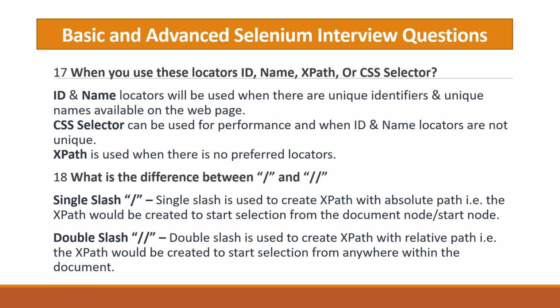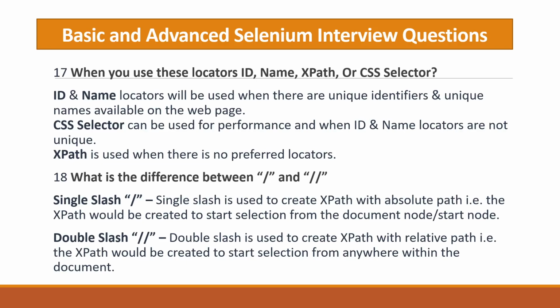Whereas CSS selector can be used for performance and when ID and name locators are not available. During that time we are going to use CSS selector. And when we use XPath, there are no preferred locators. If we don't have any name, ID, or value, during that time we are going to create our own XPath.